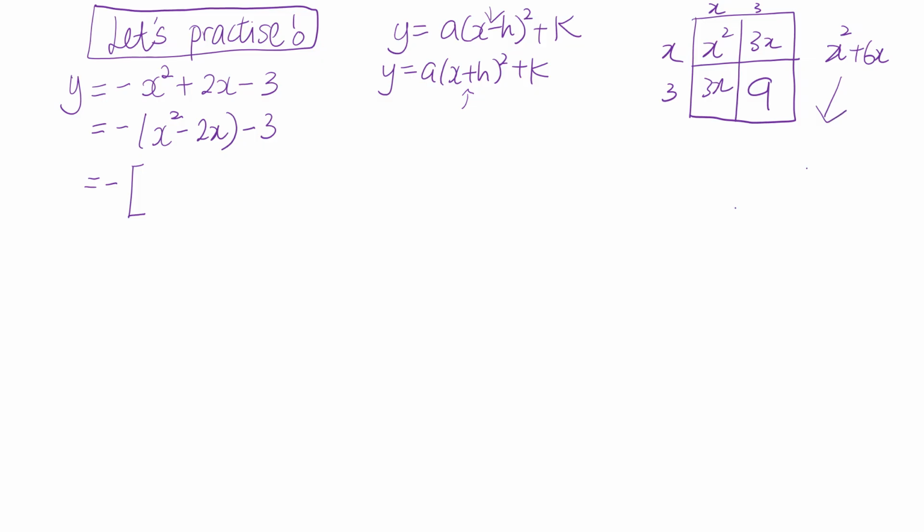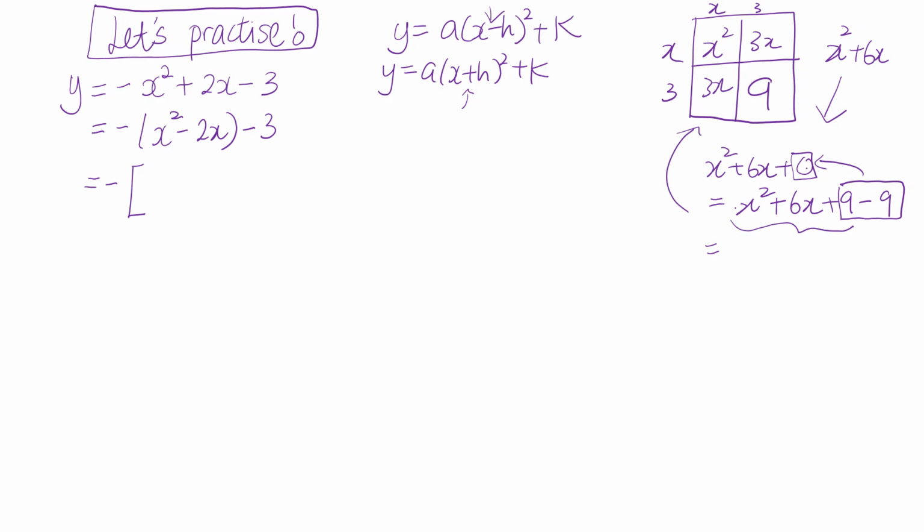So the x squared plus 6x basically is x squared plus 6x plus 9, then minus 9, because x squared plus 6x is equivalent to x squared plus 6x plus 0. To account for this 0, I add 9 and minus 9 to give me my 0. So these 3 terms are equivalent to this square here, which is x plus 3 times x plus 3.